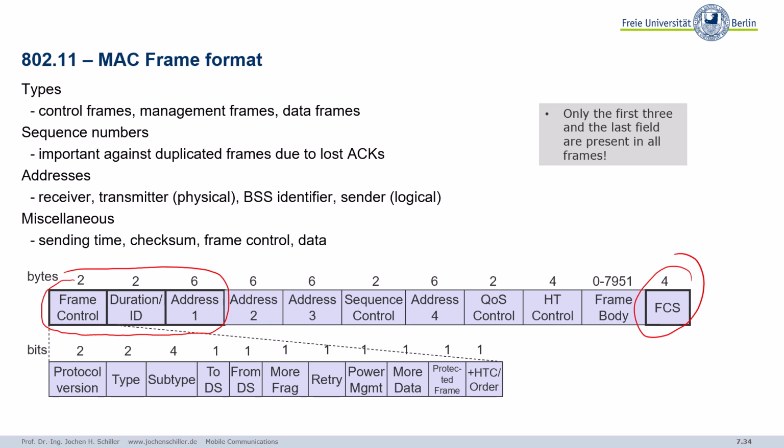There are many different control packets, and also where this packet flows, if it's a packet directed towards a distribution system or coming from a distribution system. So you see, it's a bit more complex compared to a classical Ethernet frame, for example. And depending on the packet type, you need more or less of these fields. So quite interesting is this addressing.